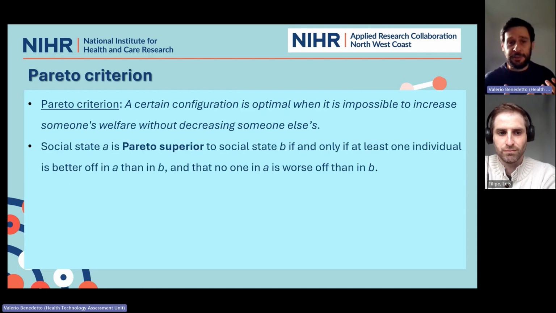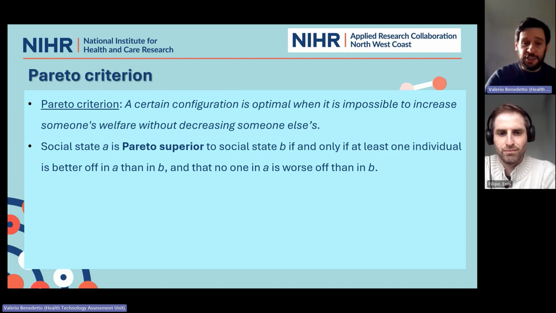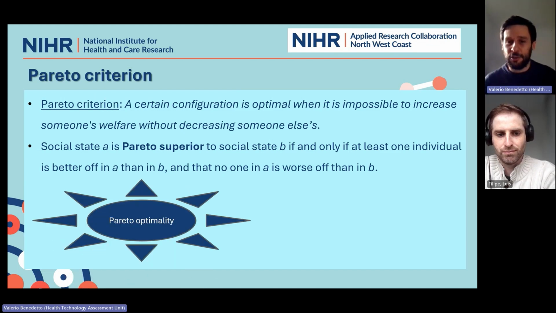In particular, if we have a social state A, it will be Pareto superior to social state B if and only if at least one individual is better off in A than in B, and no one in A is worse off than in B. And that's the situation where we are achieving what we call Pareto optimality.